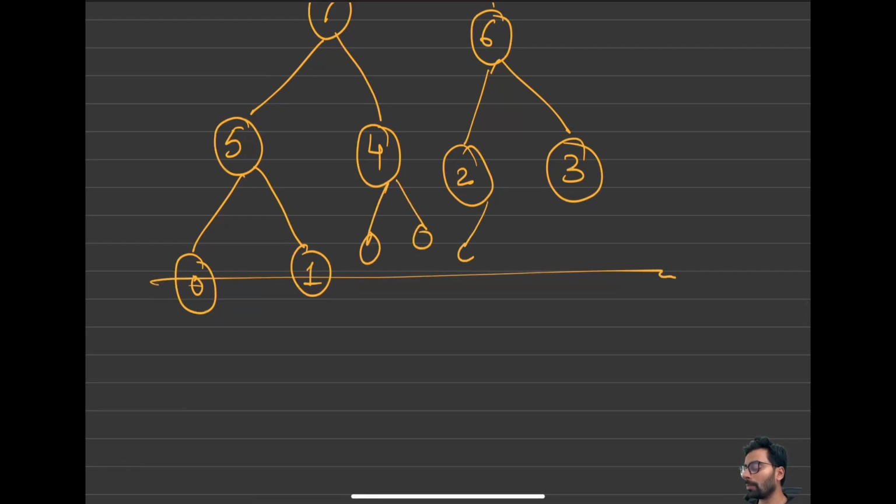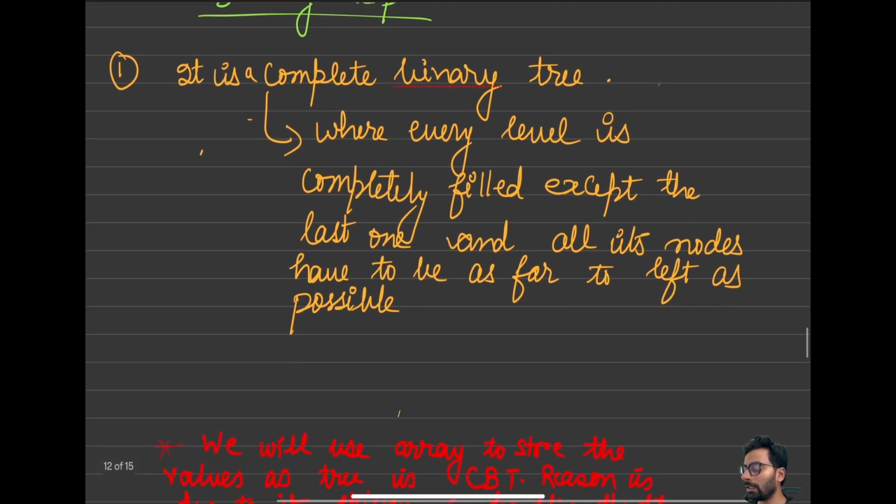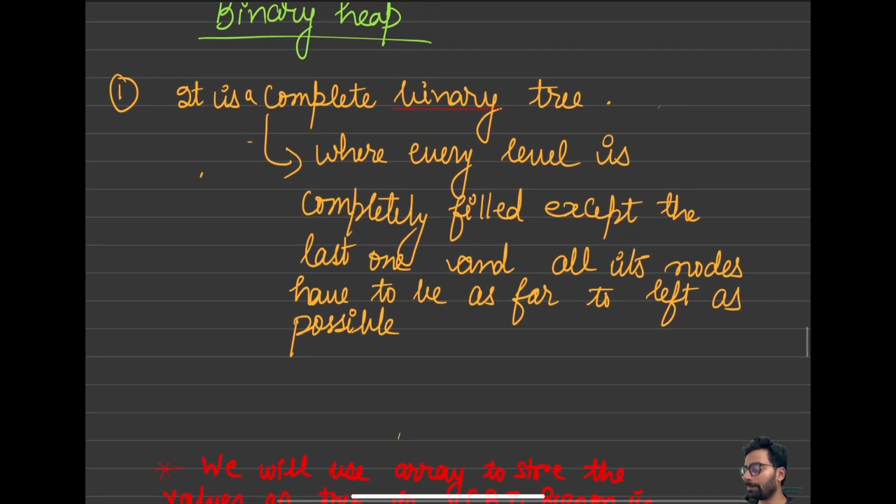We could have some nodes here as well, which are not present, right? In this case, we can still consider it a binary heap, because the nodes which are there are as far left as possible. All the nodes in the last level are at the extreme left, right? So this is an important condition of a binary heap.